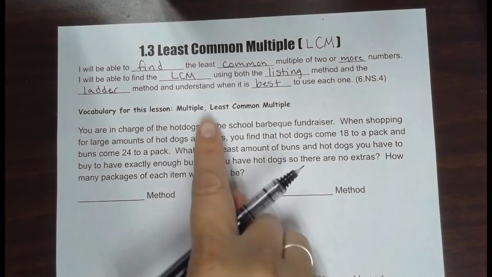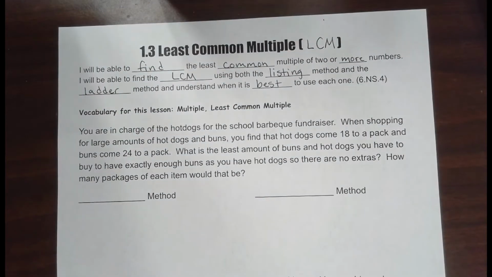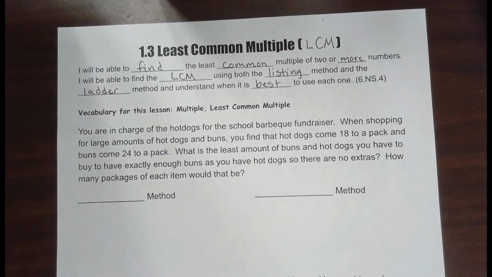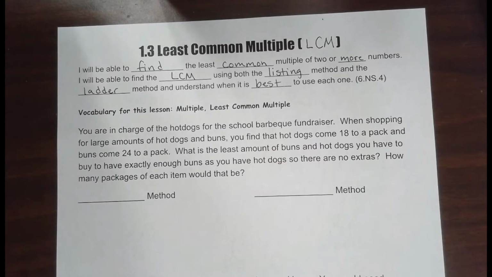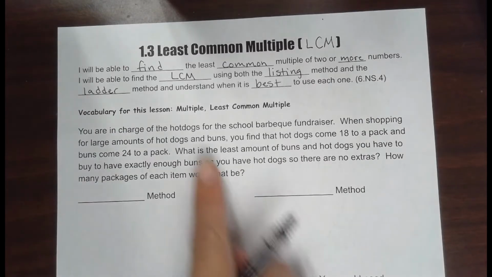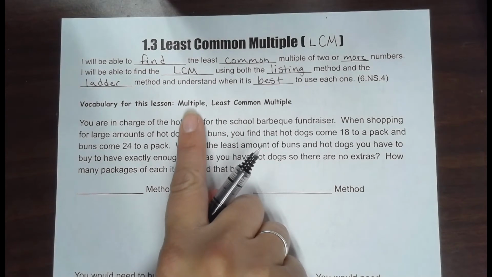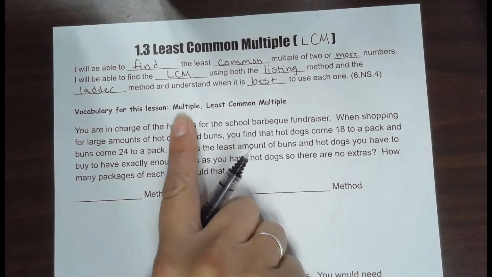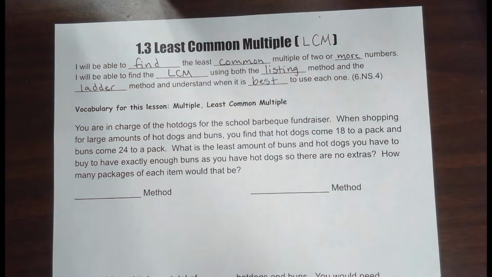Okay, so we have a couple of vocabulary words. This is page 20. Make sure you've pulled it out of your journal to be writing on it. Go ahead and pull out pages 16 and 17. We've got a couple of definitions, so we're going to record the vocabulary multiple and least common multiple.